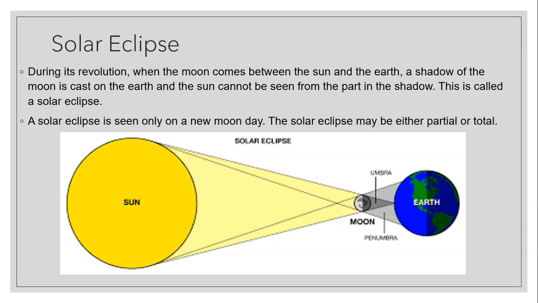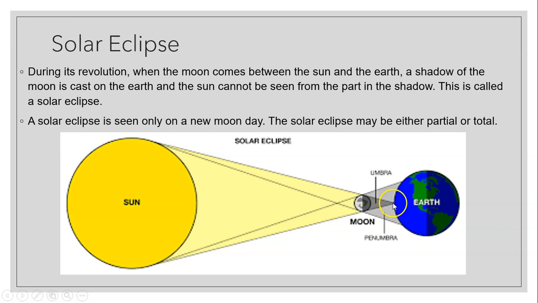During its revolution, when the moon comes between the sun and the earth, you see the sun, moon, and earth are in a straight line. The shadow of the moon is cast onto the earth, and the sun cannot be seen from this part. You see this part? The sun cannot be seen from this part.